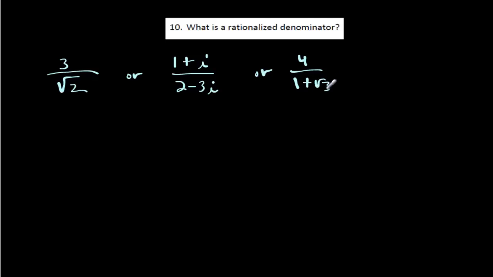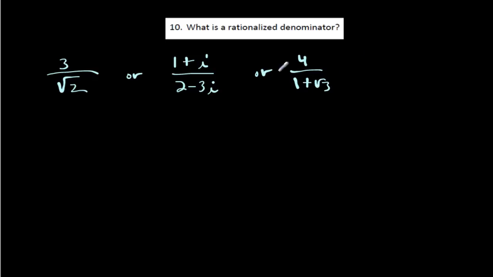And last but not least, what is a rationalized denominator? Well, I'll start by giving you a couple examples of denominators that are not rationalized. For example, 3 over root 2, or 1 plus i over 2 minus 3i, or 4 over 1 plus root 3.